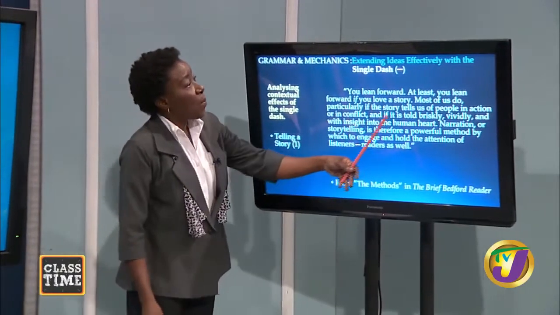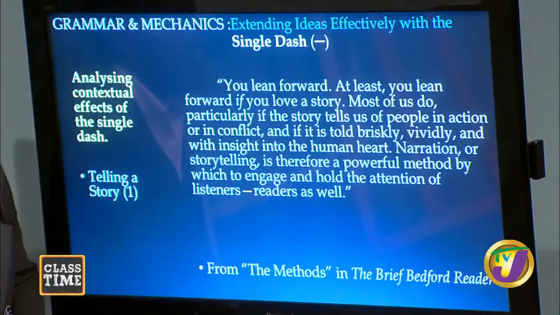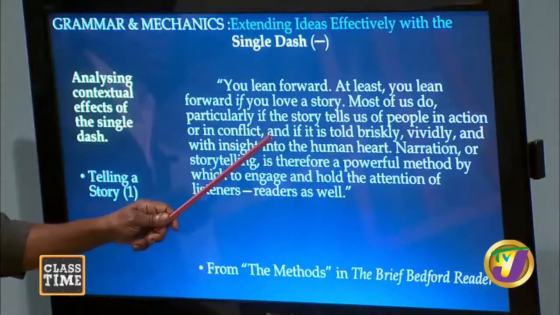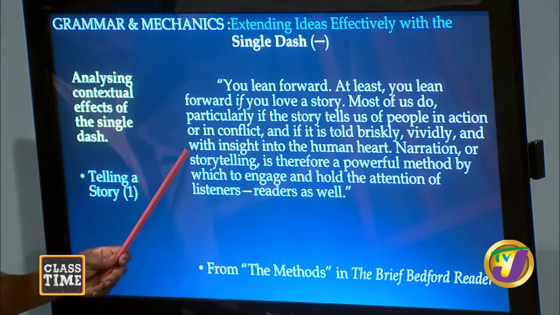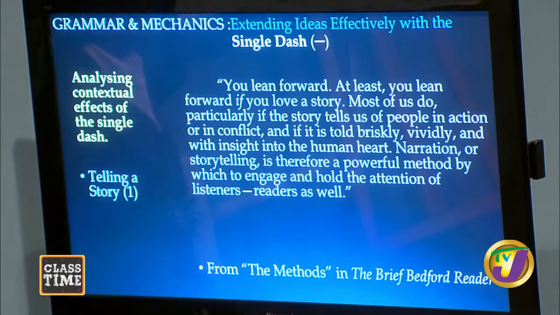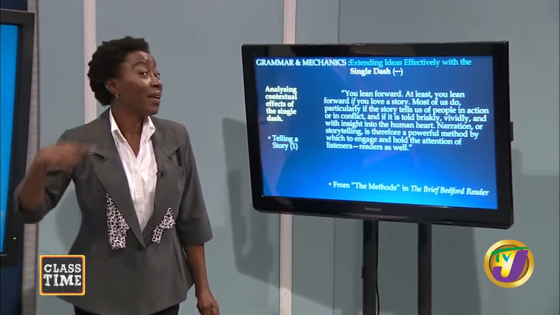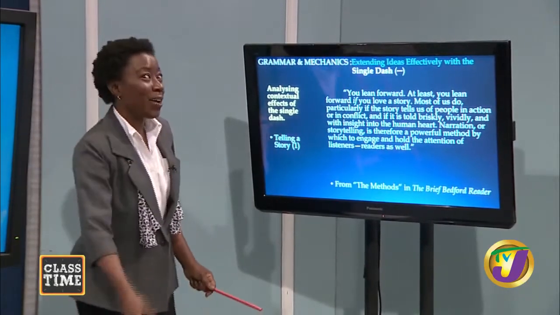So then, most of us do, particularly if the story tells us of people in action or in conflict, and if it is told briskly, vividly, and with insight into the human heart. By the way, do you love with your heart or with your head? You love with your brain. Okay, I got you.